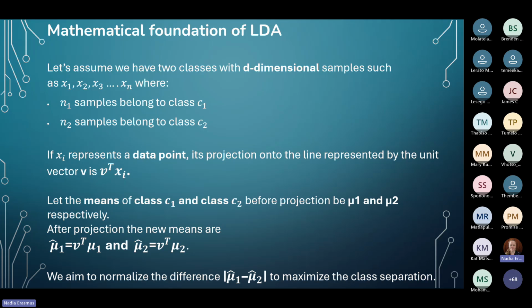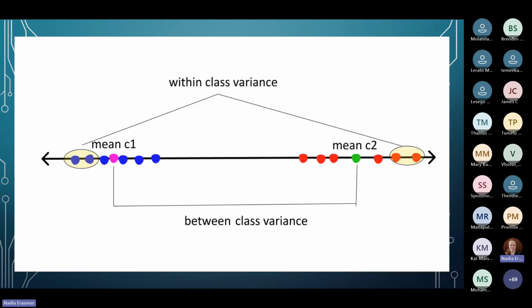We're going to find the mean of each and every class, written as mu. So it's mu1 and mu2. We're going to get the two means of the classes: the mean of class 1 and the mean of class 2.